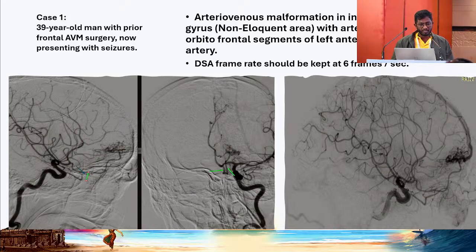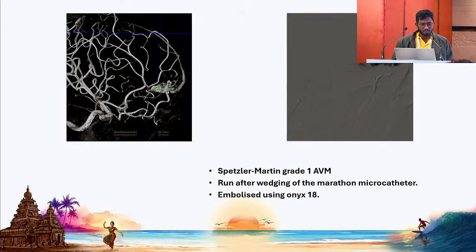While taking DSA of an AVM, we should keep the frame rate high so that we can separately visualize the arterial phase of the AVM. These are the 3D images showing the AVM.